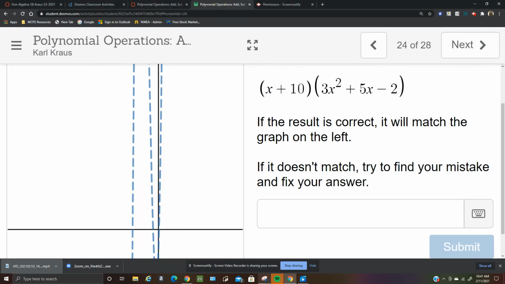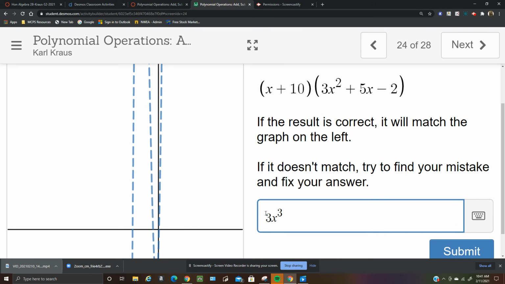I'm just going to do it on this slide here since my pen needs to be reset. So multiplying everything by x, 3x cubed plus 5x squared minus 2x, and then distribute the 10.